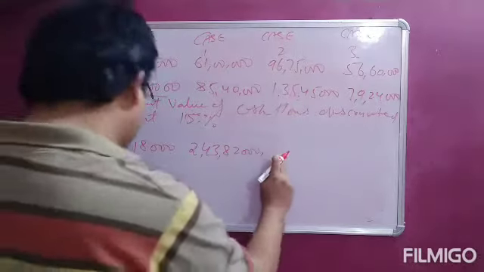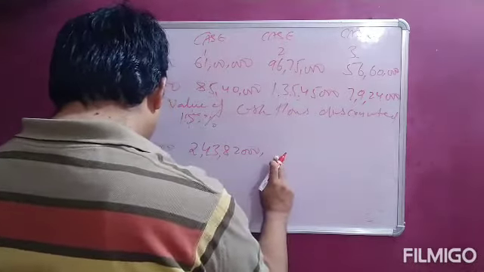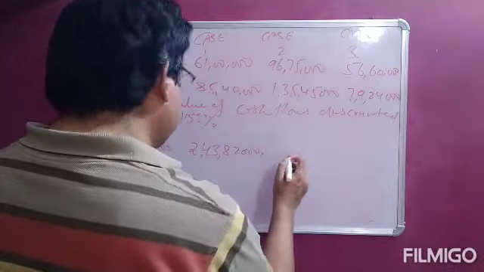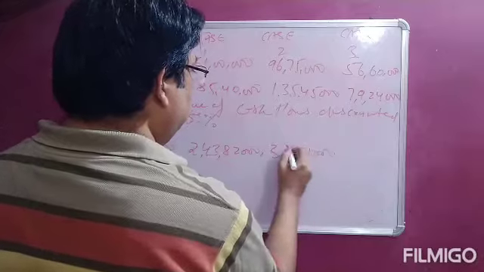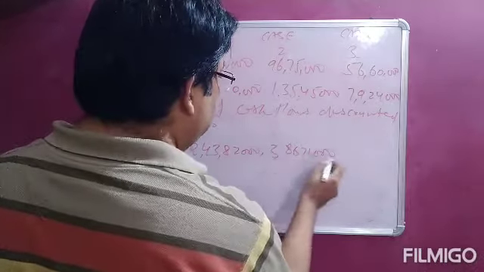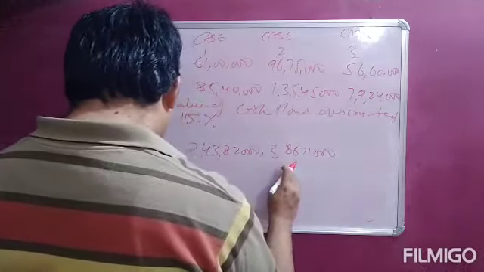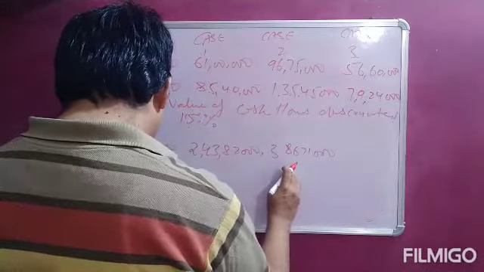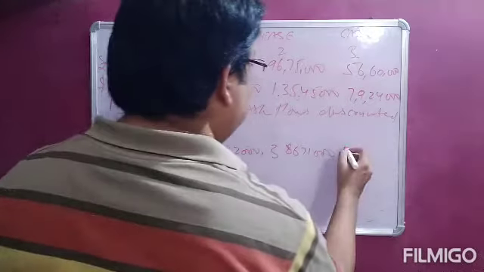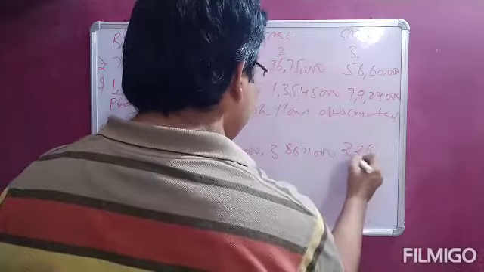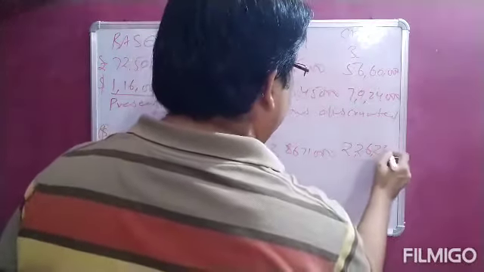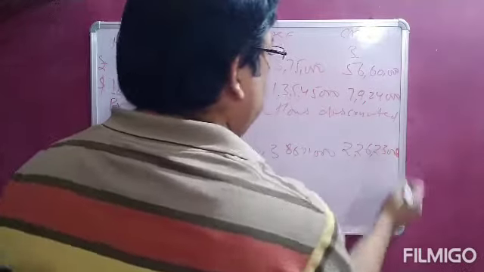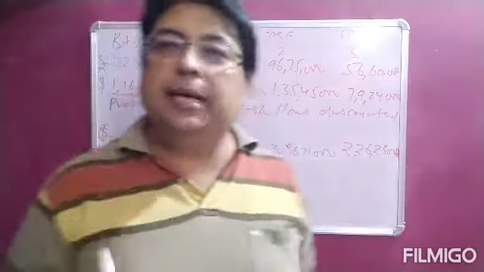For the second case it is 3 crores 86 lakhs 71,000. And in the last case it is 2 crores 26 lakhs 23,000. Please do recheck the calculations.